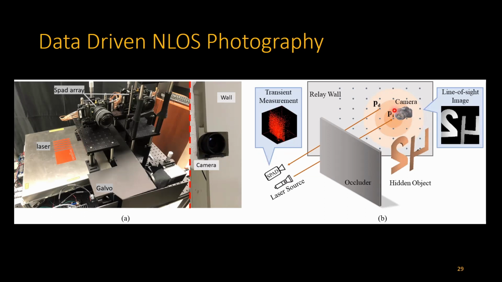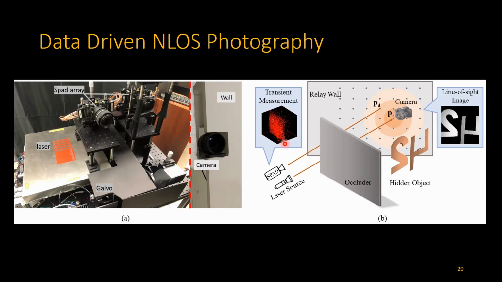So now we have a pair: here's what the non-line-of-sight system sees, and here's a picture of the scene. So we can now train a neural network to reconstruct this photograph given this non-line-of-sight data and see how well it can learn to do that.